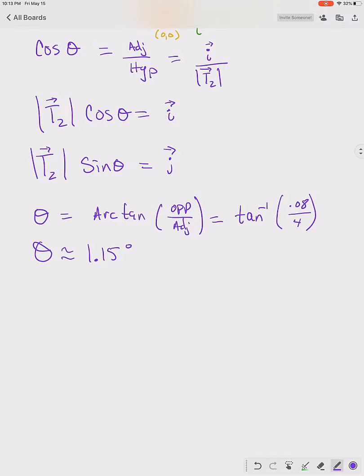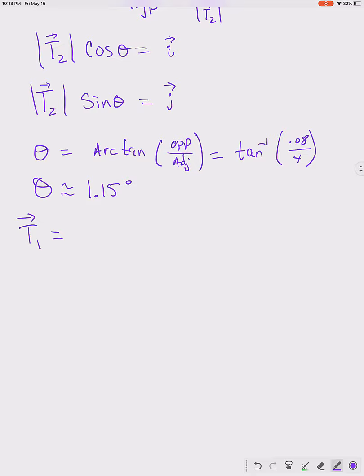Okay, so I know that the T1 vector is equal to something times the I component plus something times the J component.